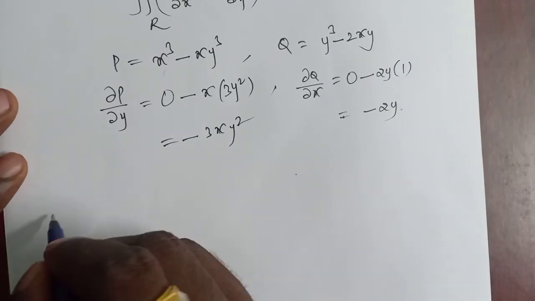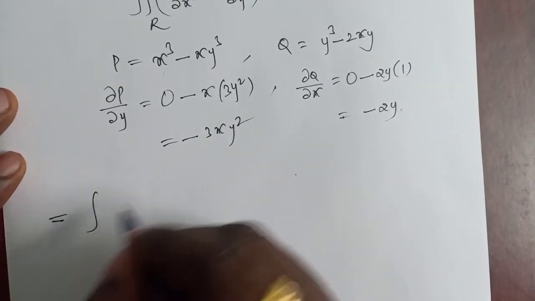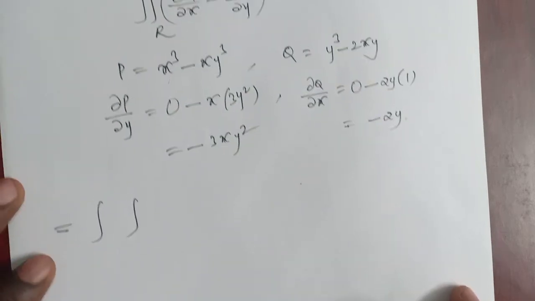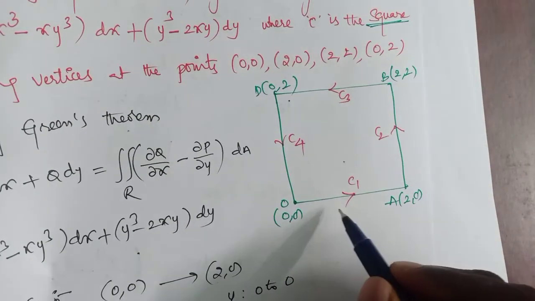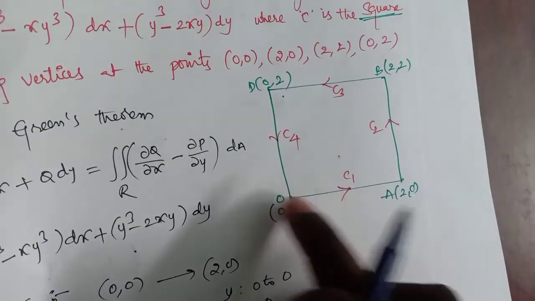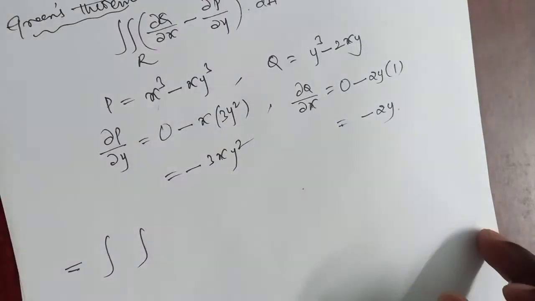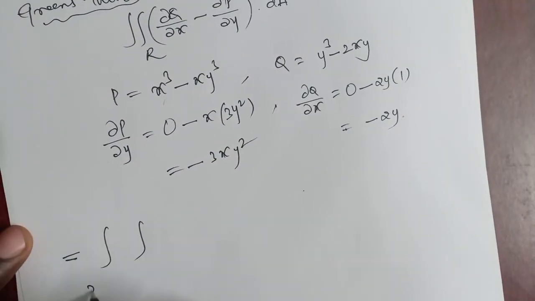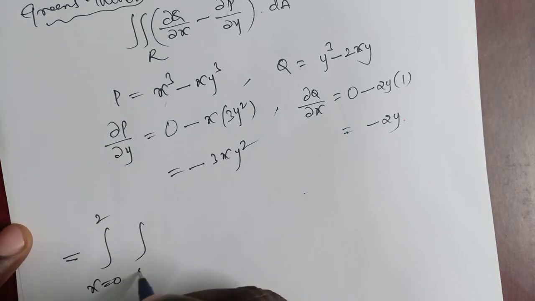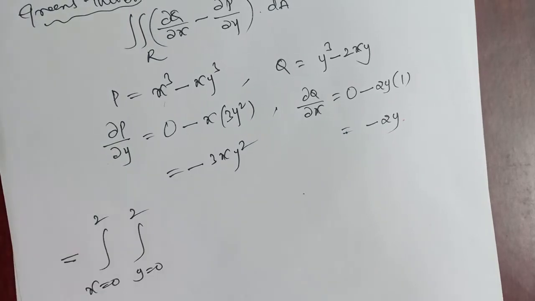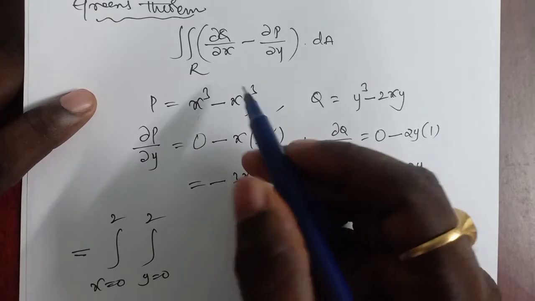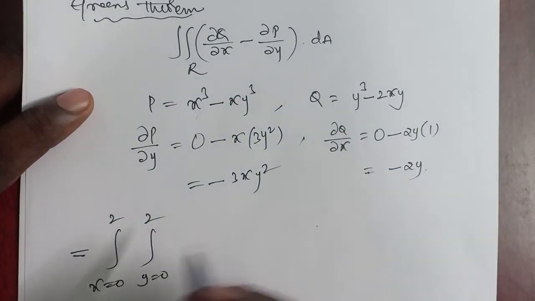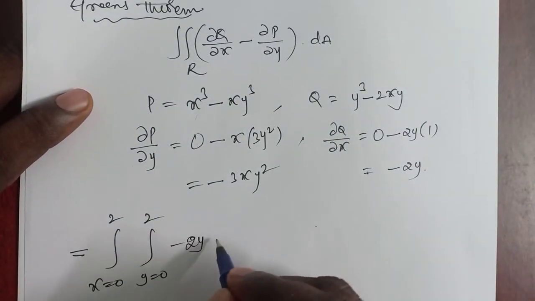Now coming to the double integral over the region R, what are the y boundaries and what are the x boundaries? The y boundaries are from 0 to 2 and the x boundaries are from 0 to 2, no change. Now substitute in the formula: dou q by dou x is minus 2y.